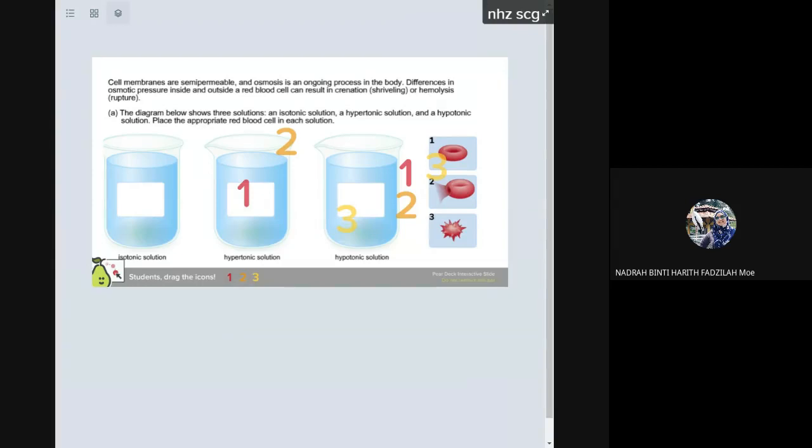So red blood cell jadi macam mana? Okay, bila dalam hypertonic solution, what is the condition of the red blood cell? And then when it is placed in hypotonic solution, what is the condition of the red blood cell?